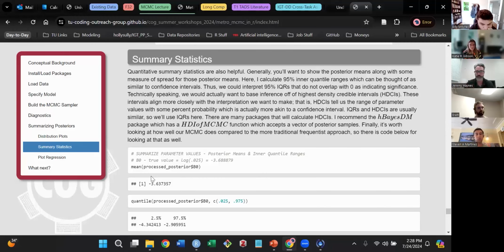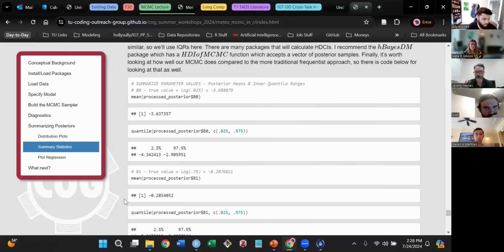You generally want to use highest density credible intervals, which more closely align with confidence intervals. I note a package here, HBayesDM, and a function where you can calculate those. They are very similar to the interquantile intervals, so I just did that here for the sake of simplicity. They'll generally always be pretty similar to one another.